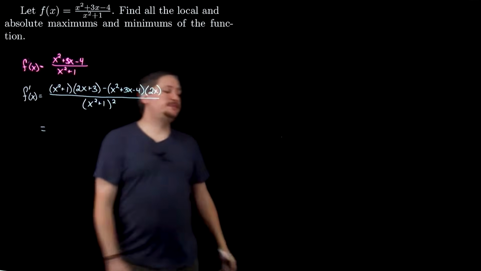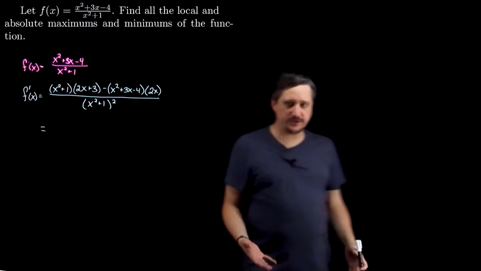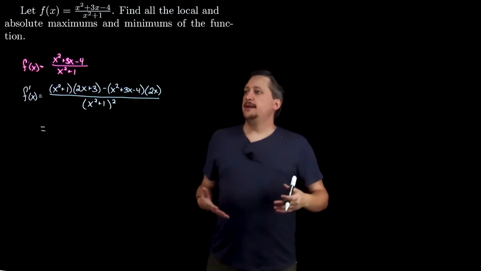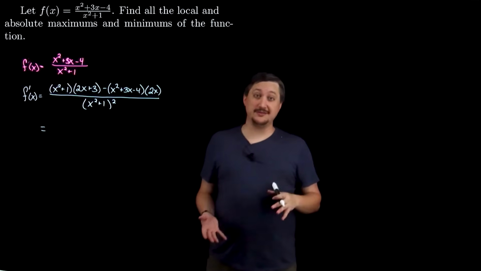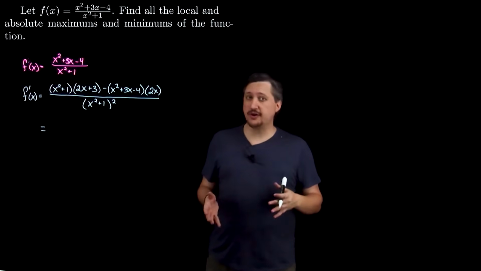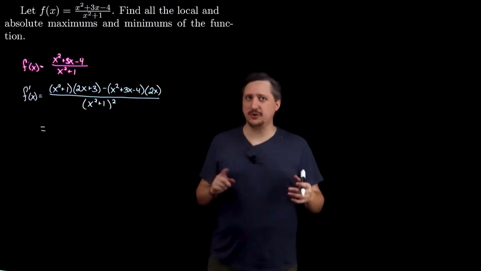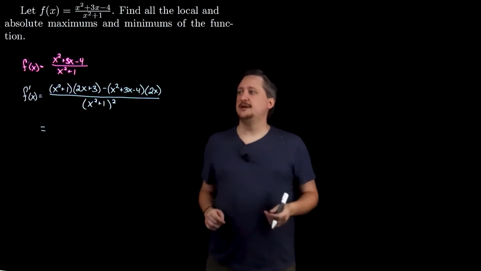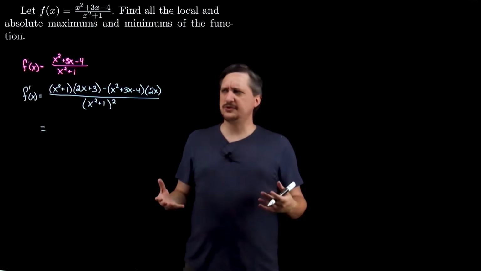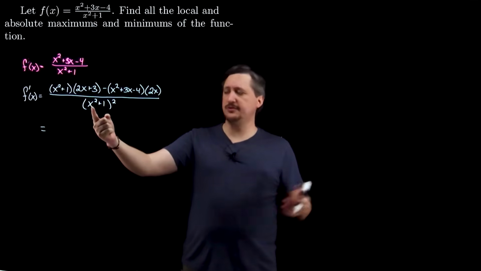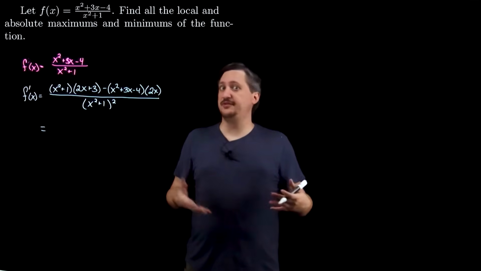Now, I need to be able to find where this thing is 0. And in fairness, I also need to know where this thing doesn't exist, where any domain restrictions are, because I need that for the sign chart too, even though I know those won't be max or mins. But the bottom is x squared plus 1. Something squared is always positive for real numbers, plus 1 means it's not 0 ever.